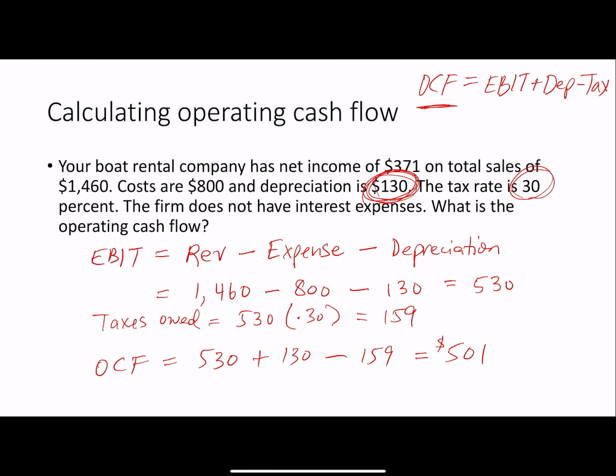We found it to be 530, and we used that number to calculate the taxes owed, which was 159, which could have been lower if the firm had interest expenses, but it didn't. And then we went back to the operating cash flow equation and added together EBIT plus depreciation minus taxes.